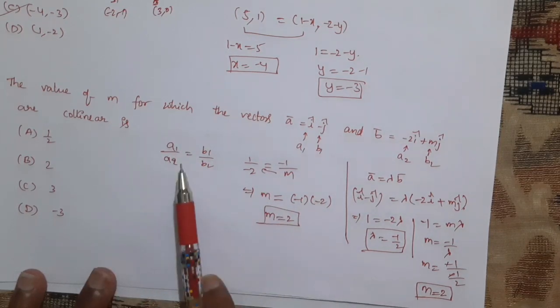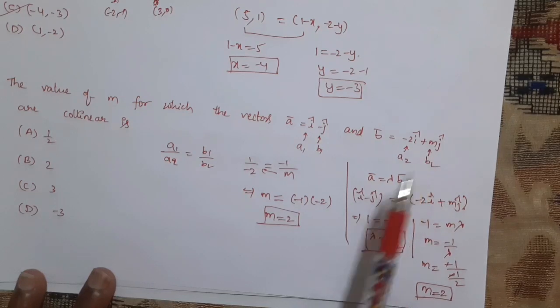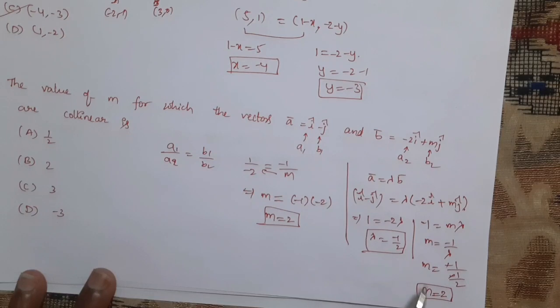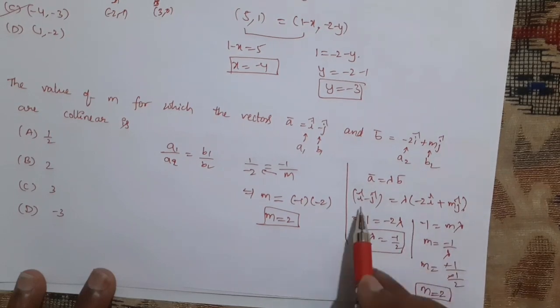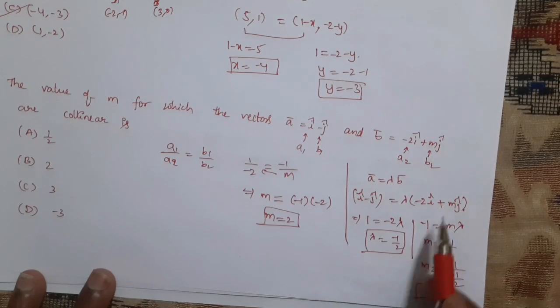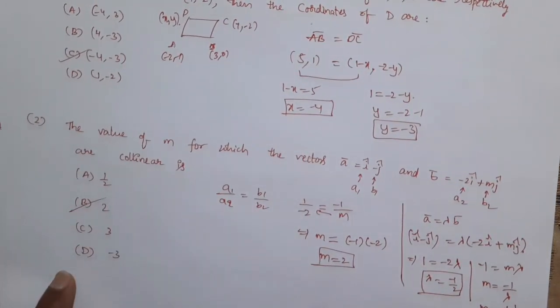Collinear means you can do a1 by a2 equal to b1 by b2, or otherwise a bar equal to lambda b bar. First you find the lambda value and then substitute it in the second one, by equating i cap coefficients, and again equating j cap coefficients. Next, so the option is B.